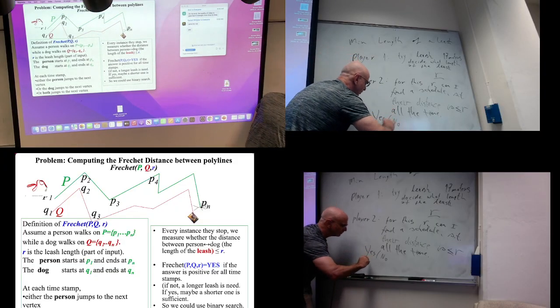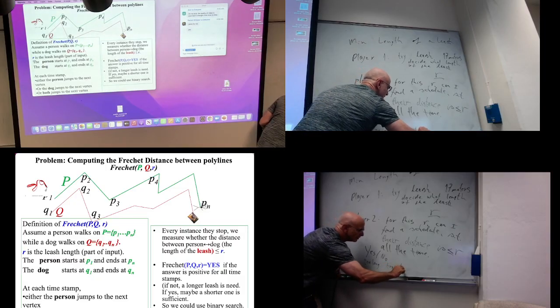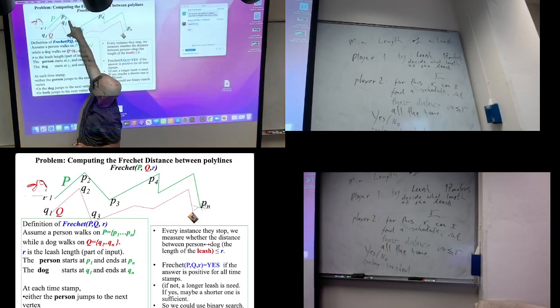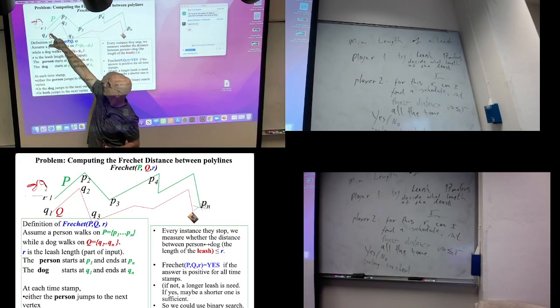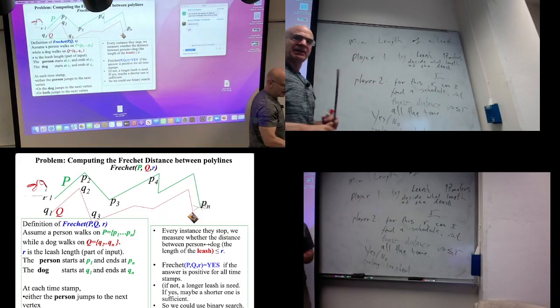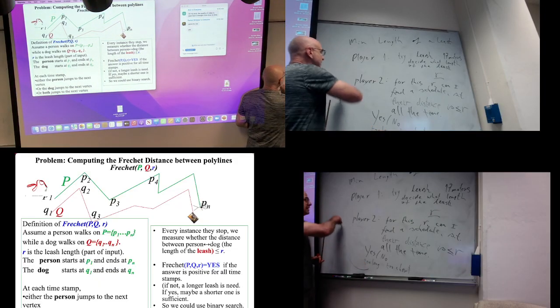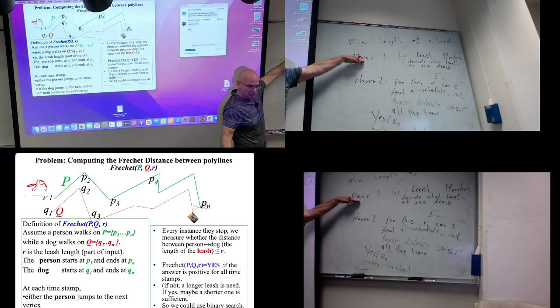Too short means no: I cannot find a schedule, because no matter which schedule I choose, there is some point here and some point here that are just too far apart for the given length of the leash. You said that I should try 17 meters, 17 meters is not enough. Then player 2 just says yes or no, and then it's the job of player 1 to try again with a leash that is either longer or shorter. So it's binary search on the length of the leash.